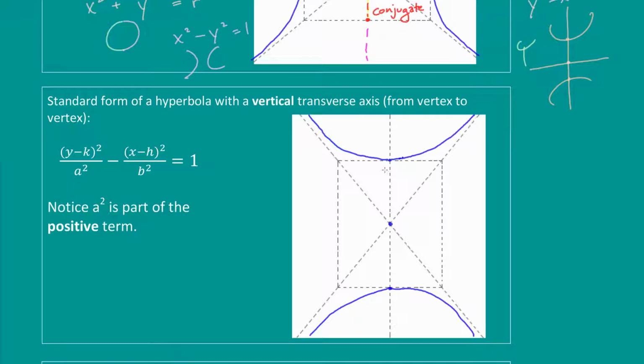This is our center. This will be our value for a. This will be our value for b. This will be our value for c.